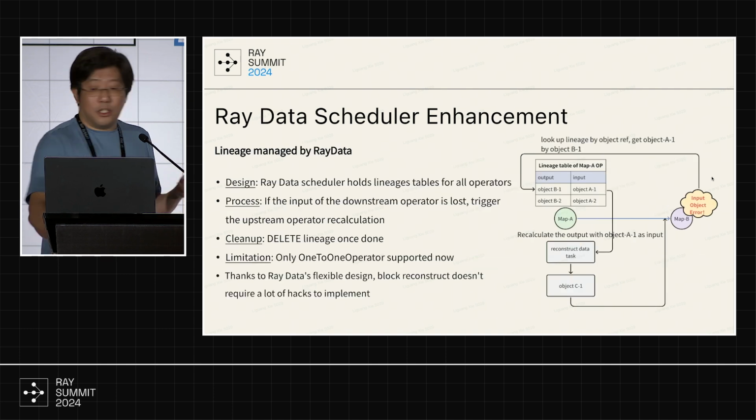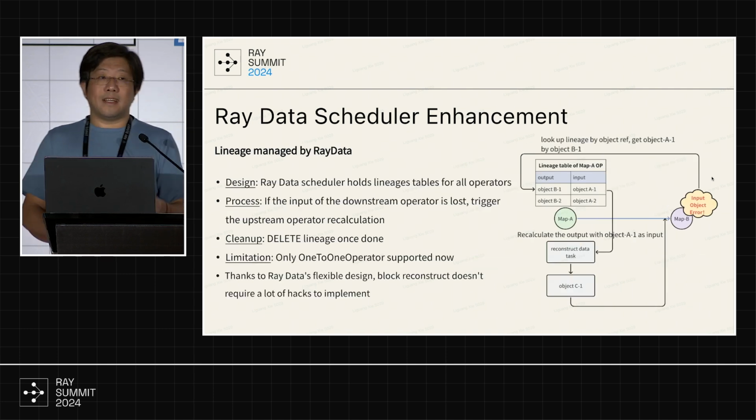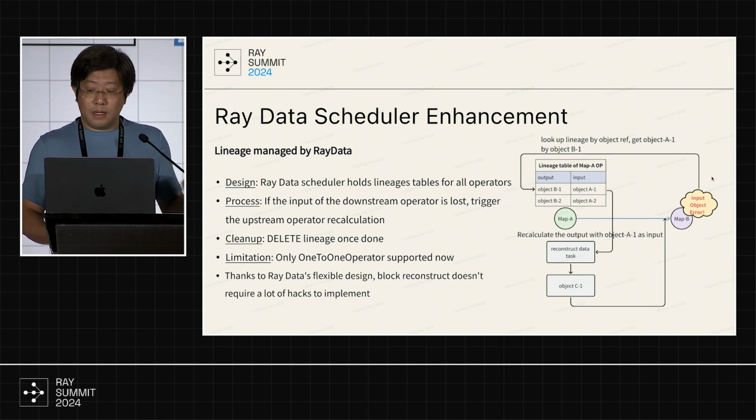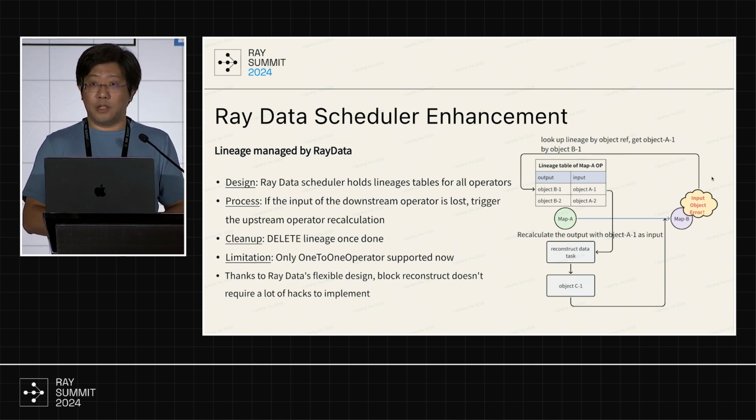To address this issue, we further propose the second enhancement: asking Ray Data to manage the linkage between the operator input and the operator output, instead of relying on Ray to do that. The Ray Data scheduler will introduce a linkage-related data structure. Each operator has a table that records the relation between the input and output data, where the key is the output reference and the value is the input reference.